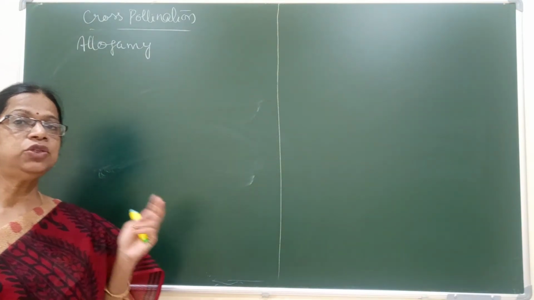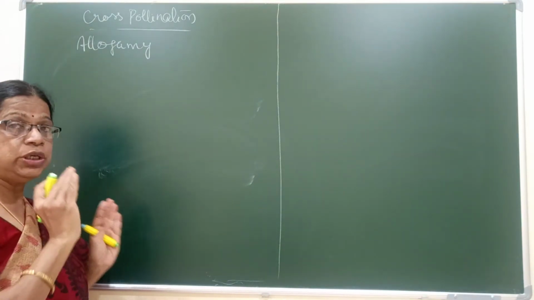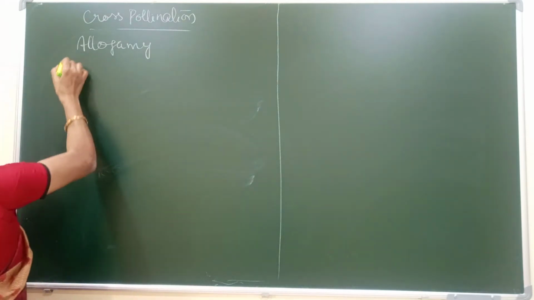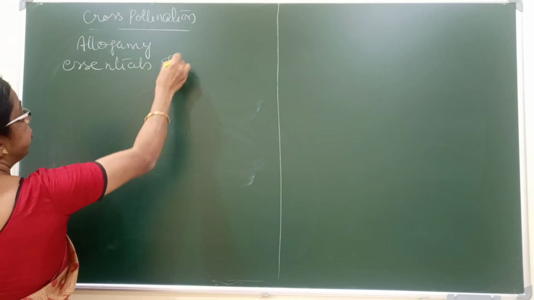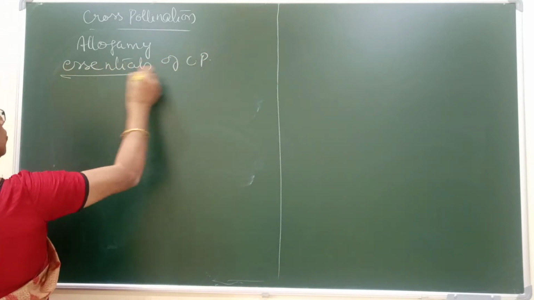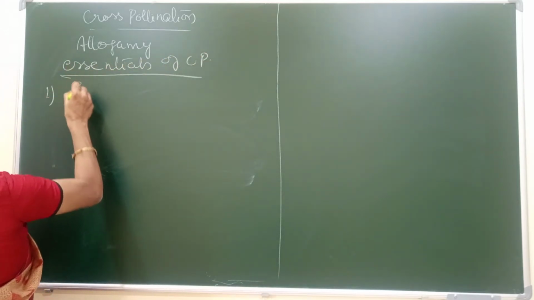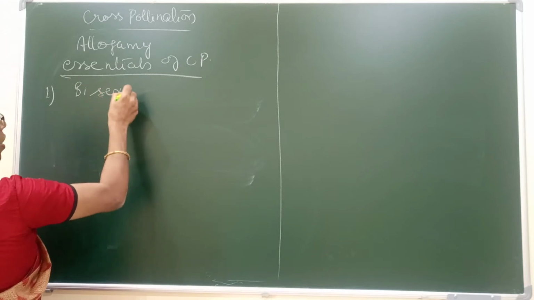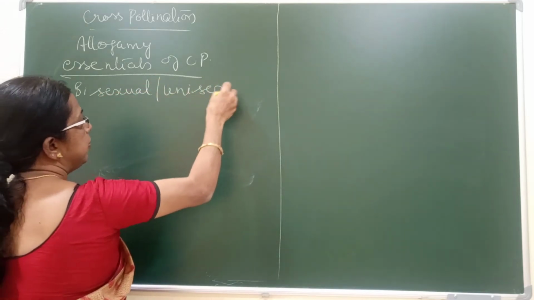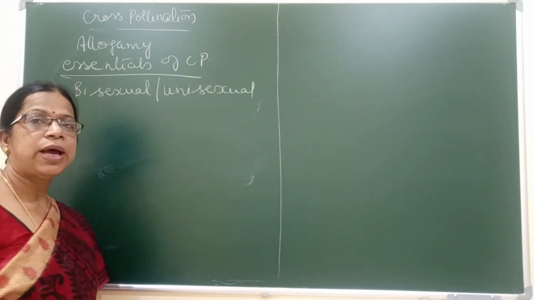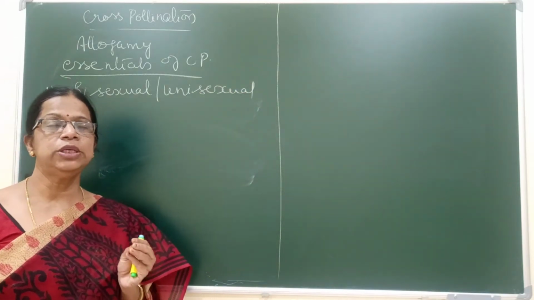So what are the essentials of cross pollination? Presence of either bisexual or unisexual flowers.